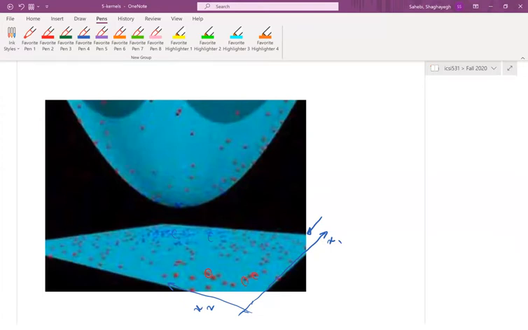Now, what we can do is have a mapping from our X to a phi of X that is, in this example, three-dimensional.